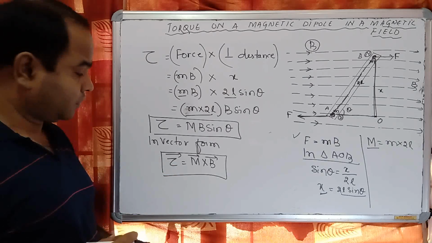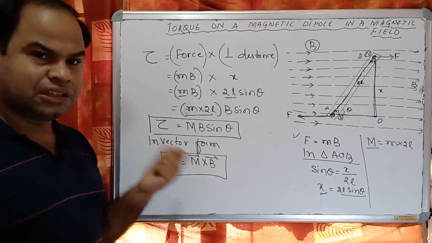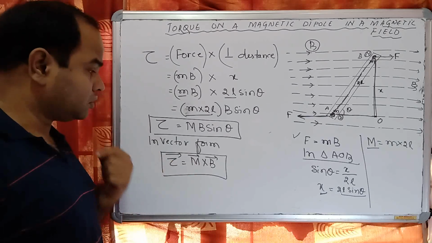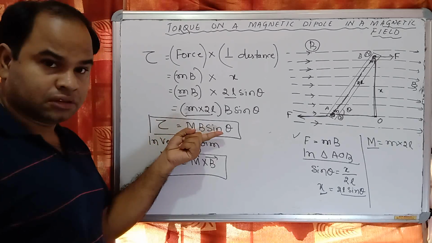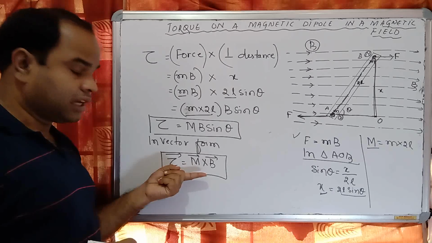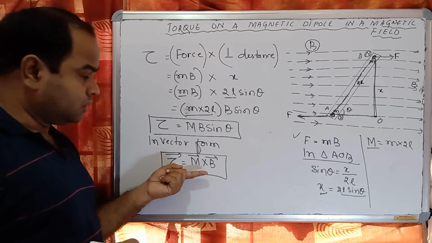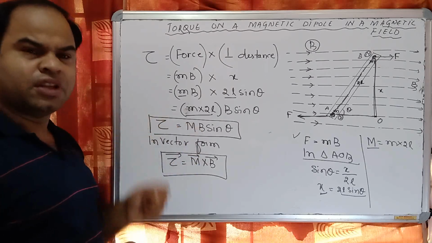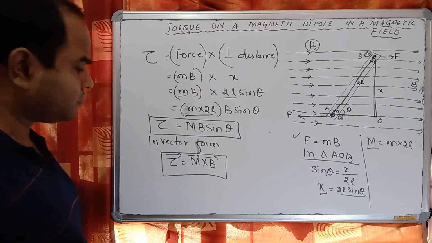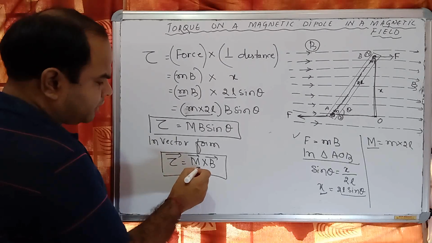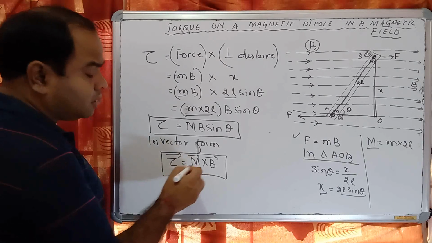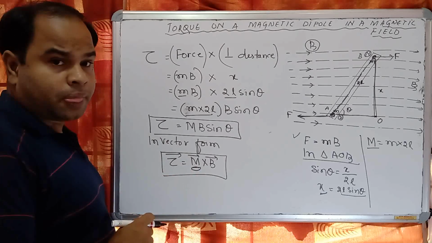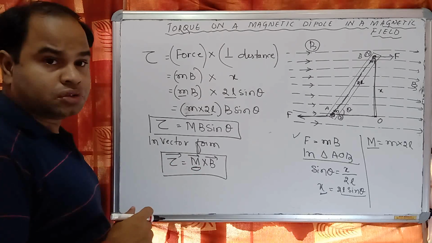Okay, so what is the direction of this torque? This torque tau is equal to M cross B, and its magnitude is MB sin theta. Now the direction: we know the magnetic dipole moment direction is from south to north.